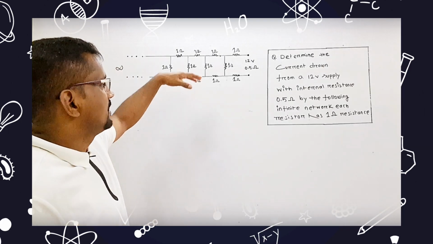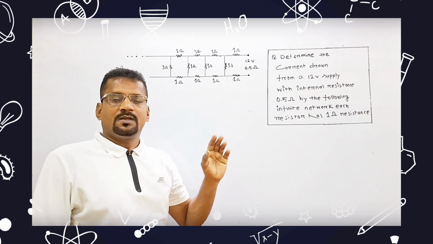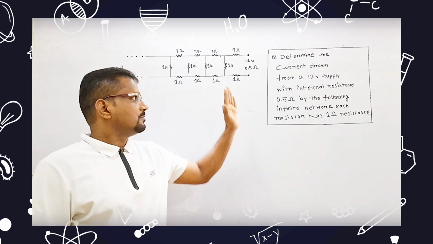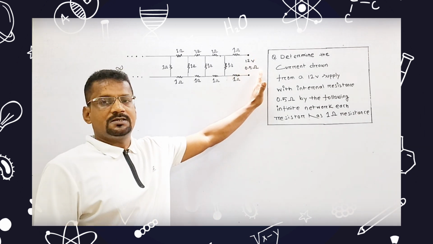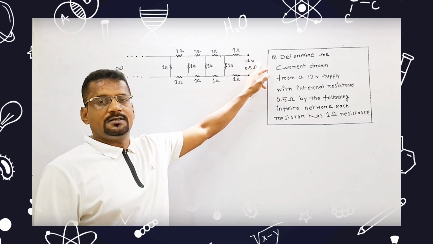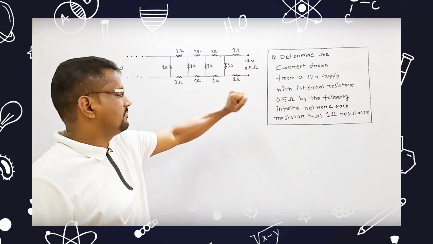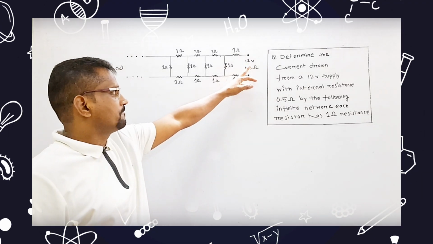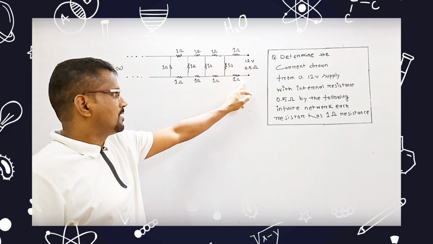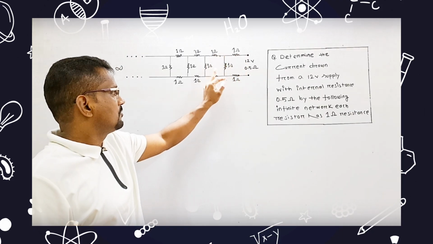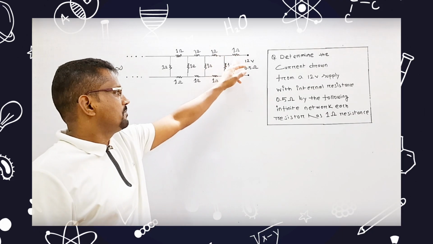Look at this. And one more thing, you have to observe the circuit from the side where the battery is connected. From this side, you will see 1 ohm, 1 ohm, 1 ohm, again 1, 1, 1. That means the same part is repeated.